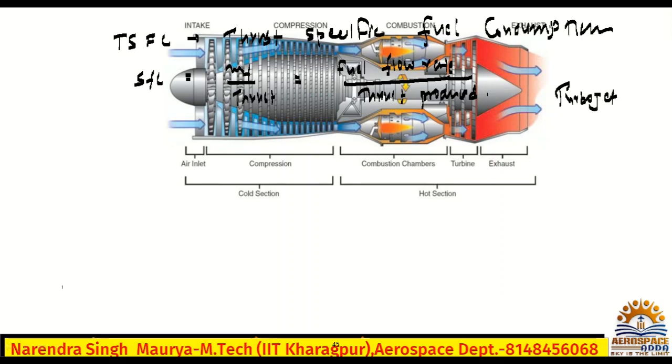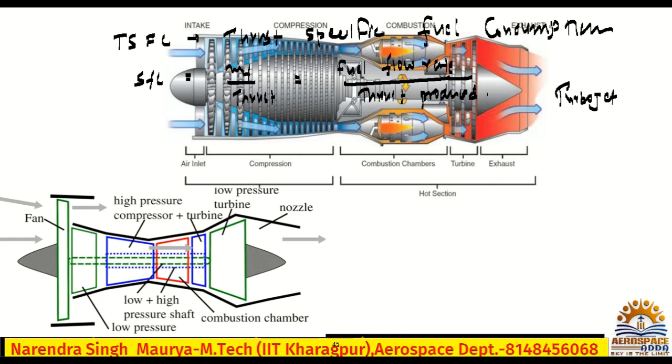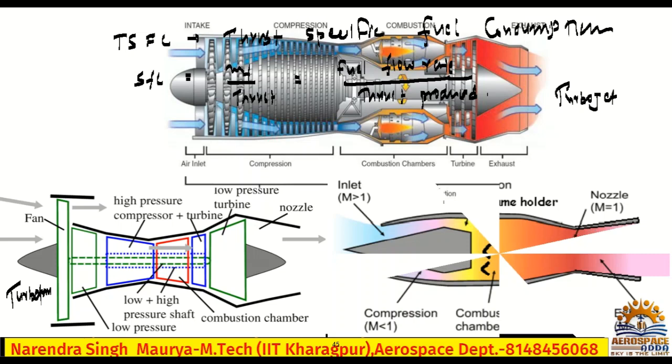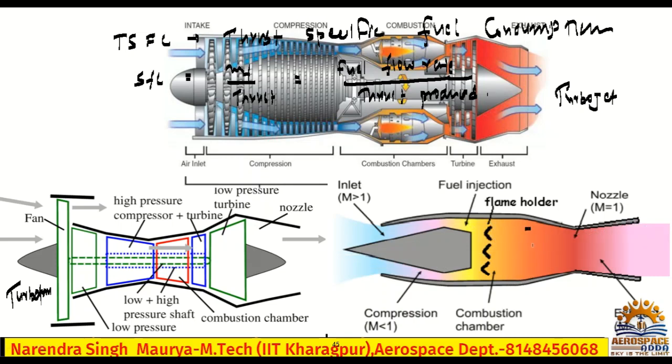Here we have the turbofan. Check, we have this fan, and next is the ramjet. So for all three engines they have said thrust is constant.